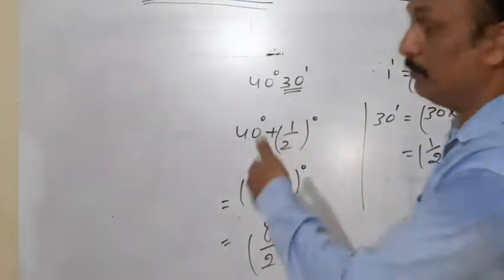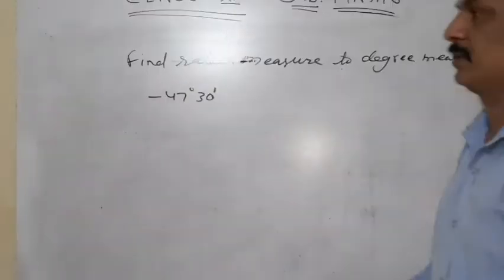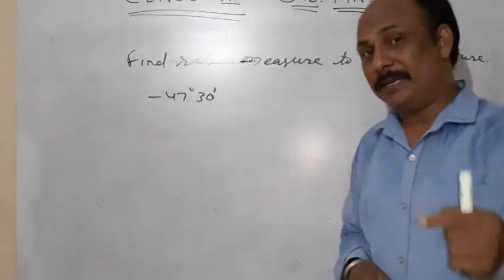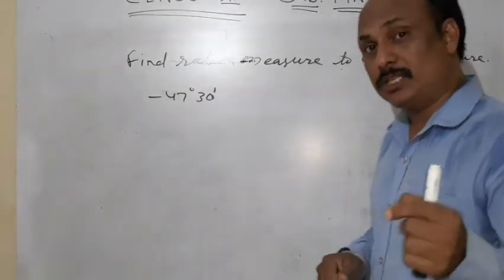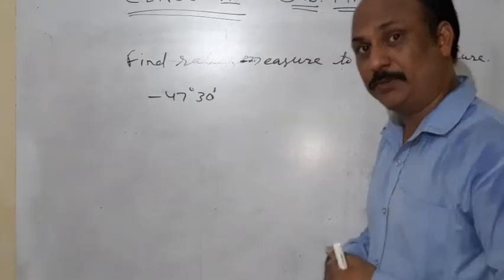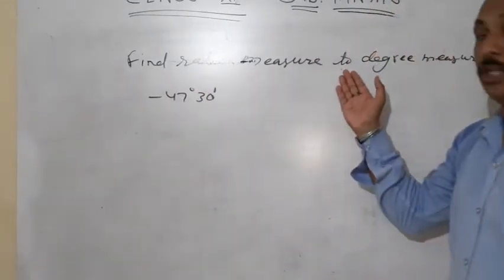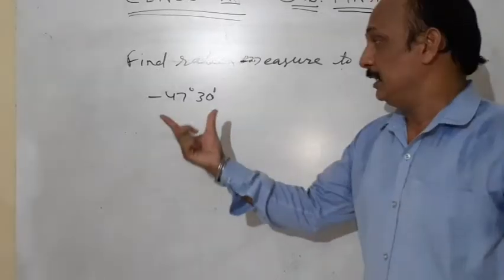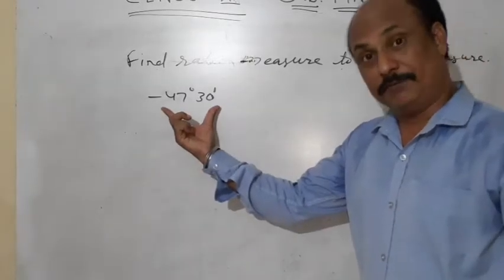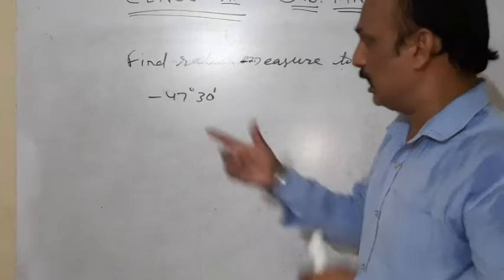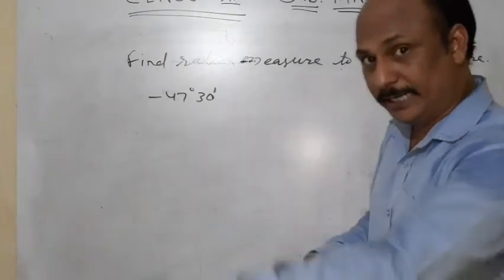Yes, I am taking some other examples. Yes, beta, I am taking one of the most important questions of our NCERT book. It is find radian measure from degree measure. Yes, beta, this angle is in degree form, and we want to convert this into radian form.